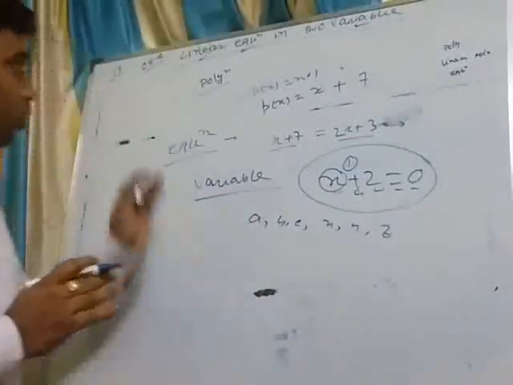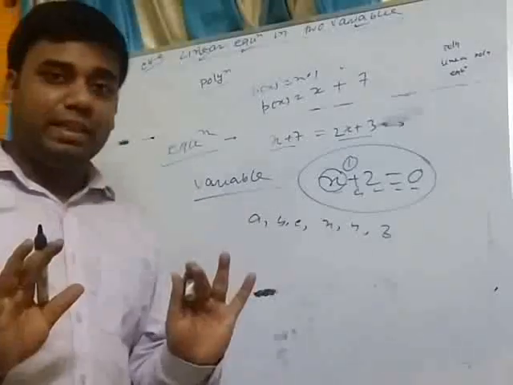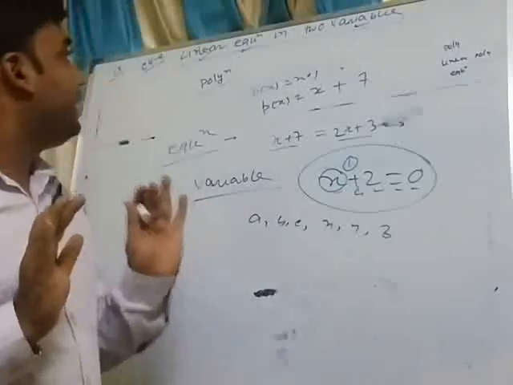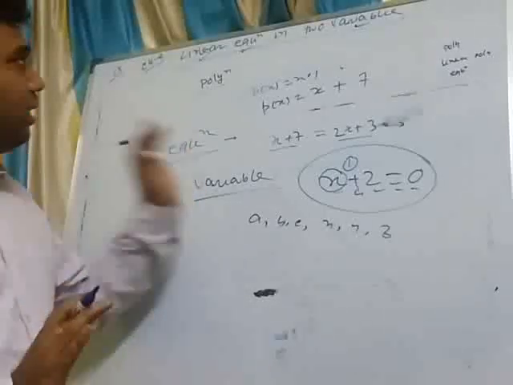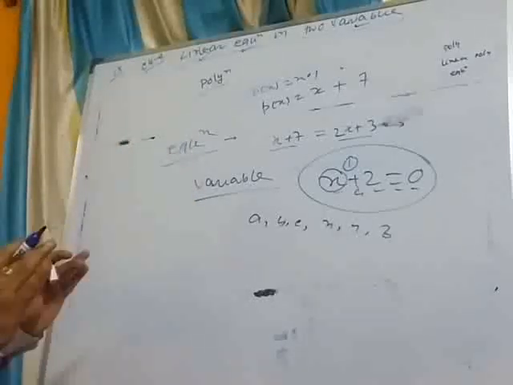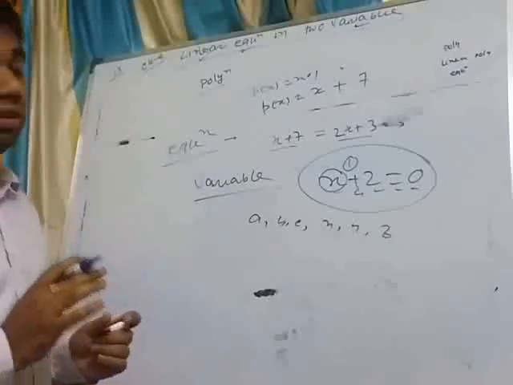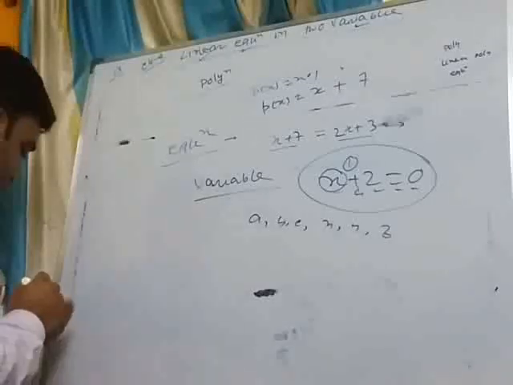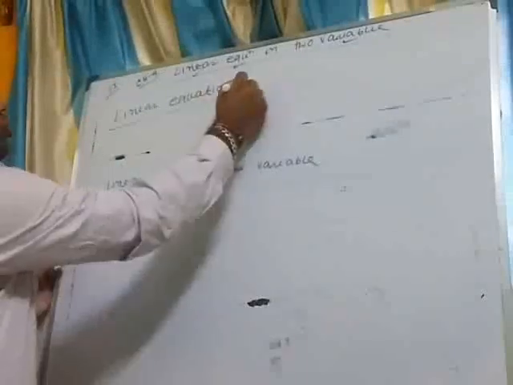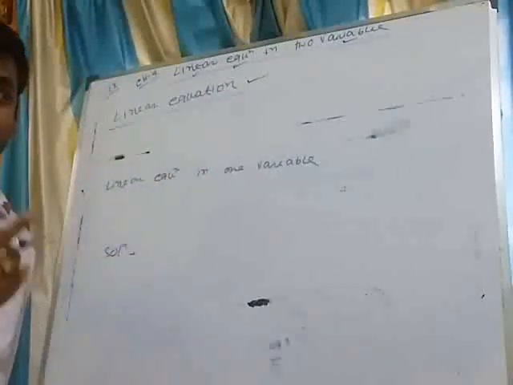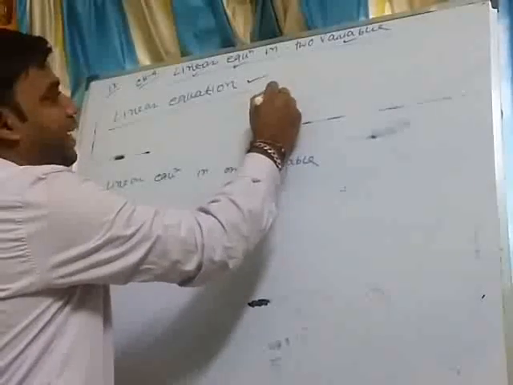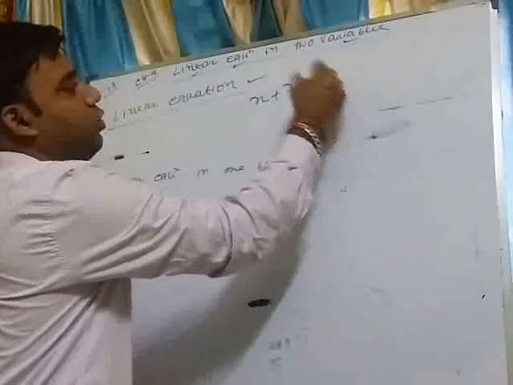So now it is clear what is meant by linear, and what are equation and variable. That is the explanation of these three words. Linear equation means the variable has highest power 1, like x plus 7 equal to 0.